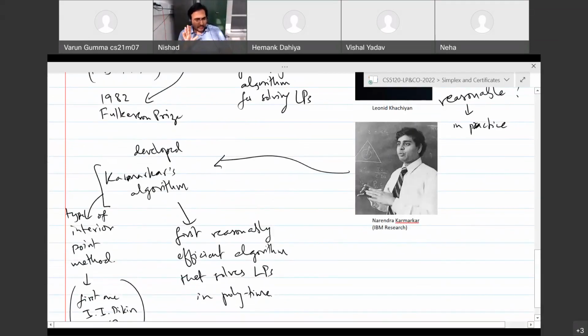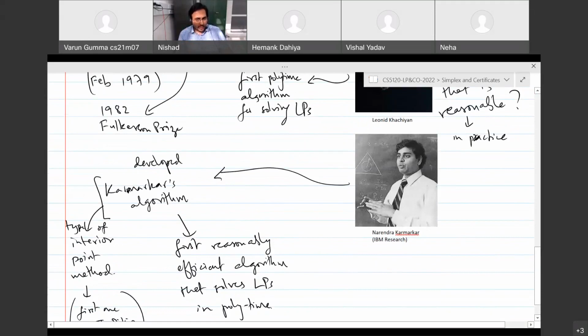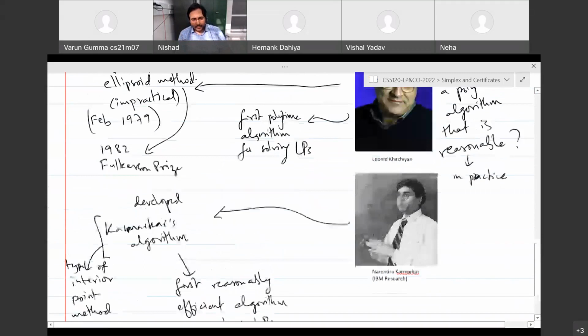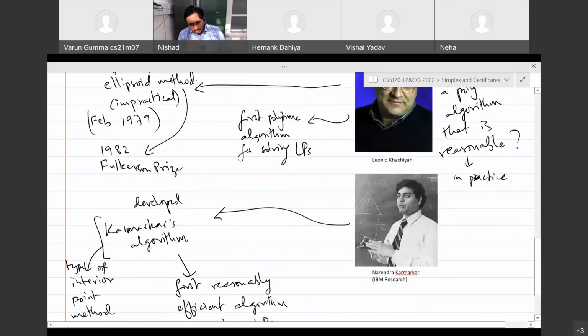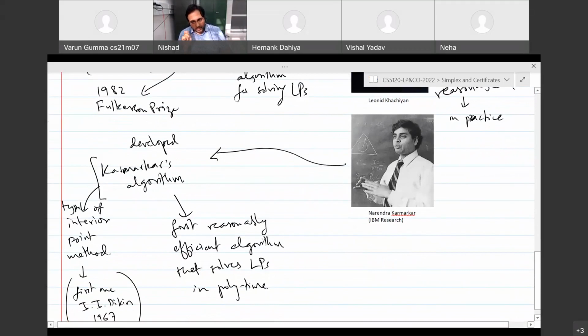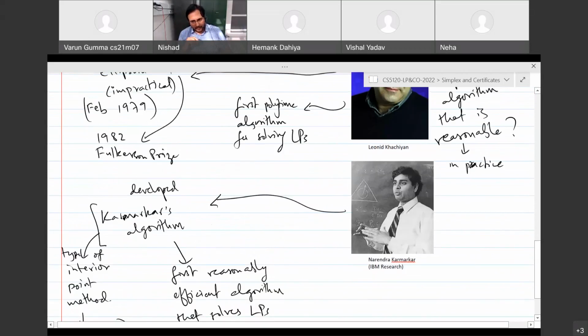But anyways, the first one which is actually polynomial time was given by Karmarkar. Karmarkar, when he found this algorithm, was working at IBM Research, which is where this photograph is taken from. However, that was in 1983.